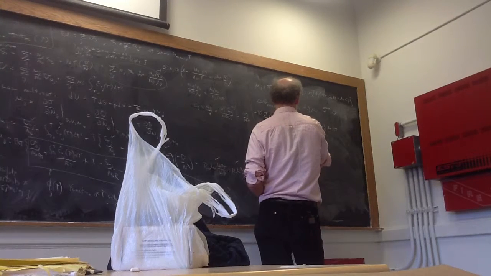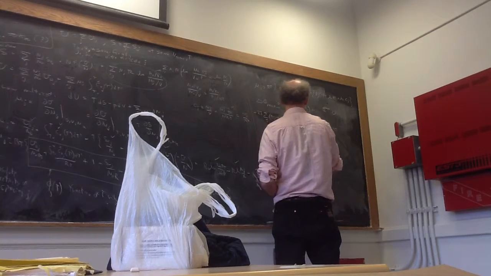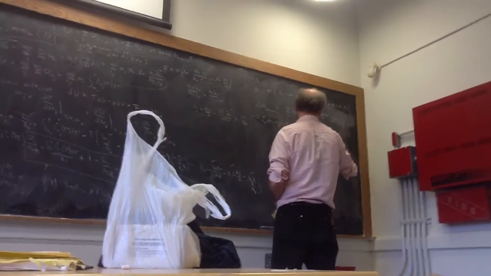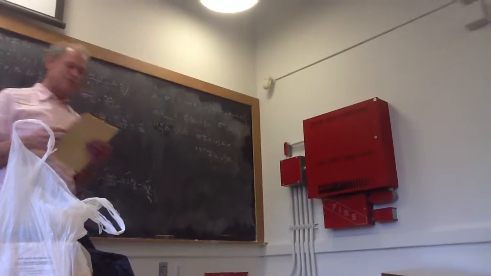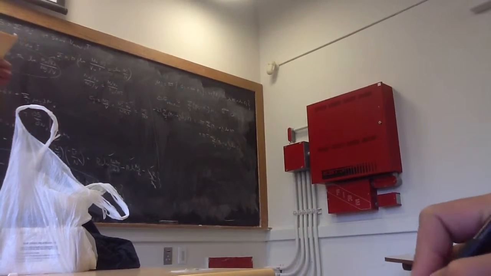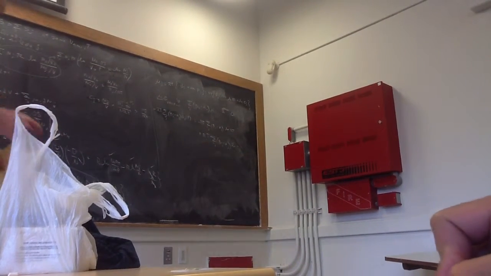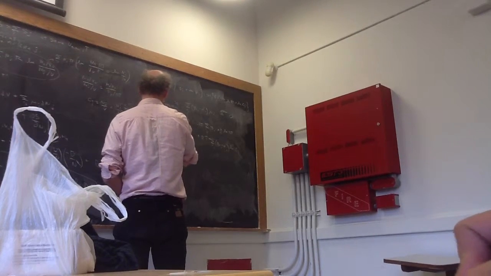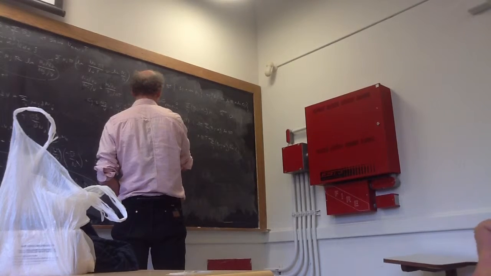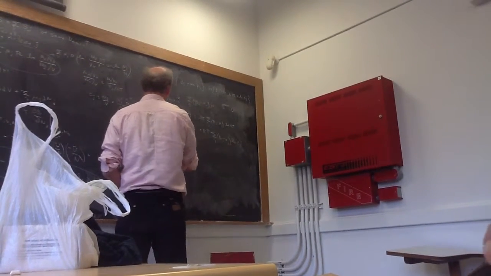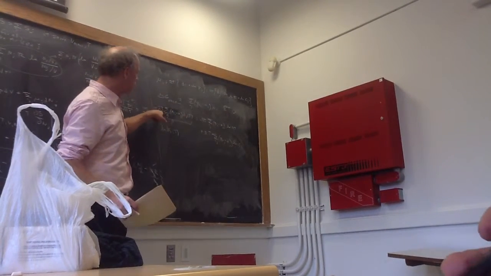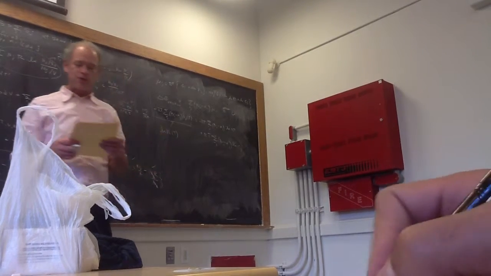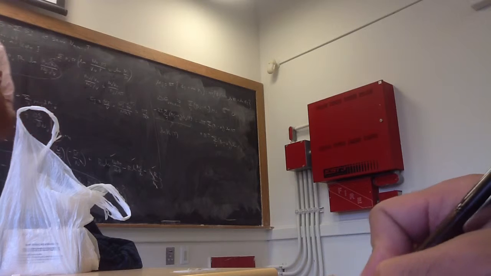And then I have the plus RT sum on j, beta j minus alpha j, log Cj. And the left-hand side of the equation is exactly what I'm going to define as the log of the equilibrium constant, which, since this is only a function of T, is only a function of T. What does the right-hand side look like?